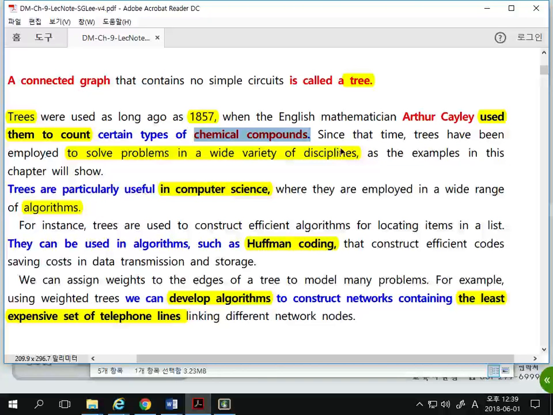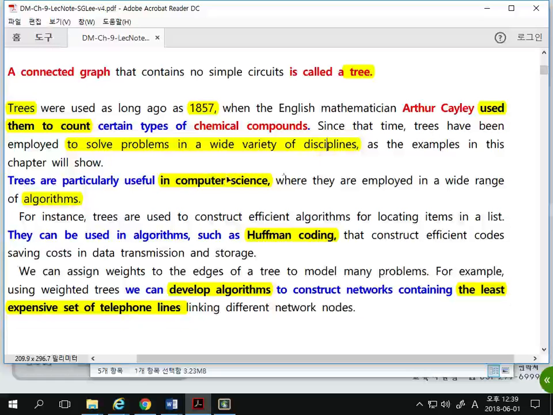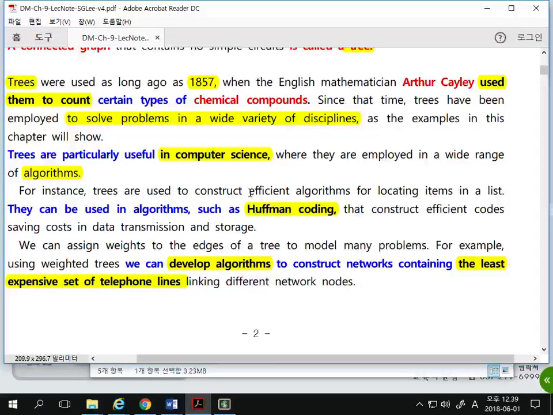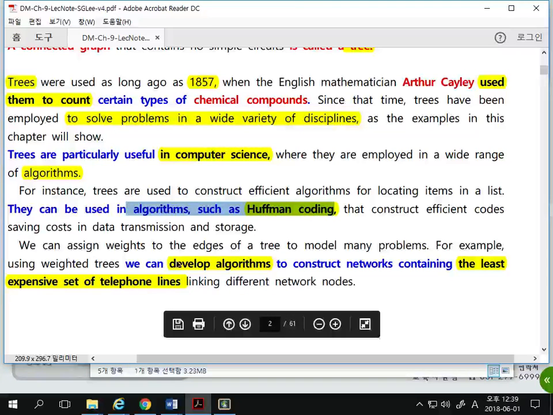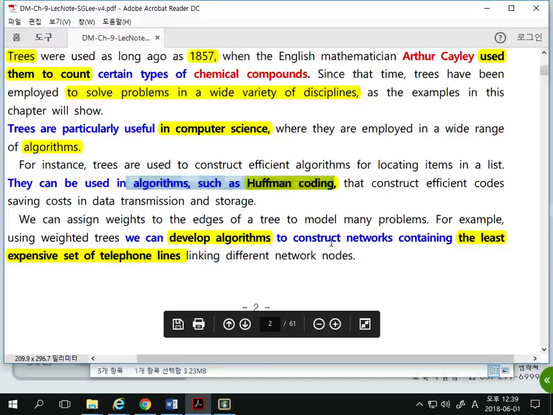Since then, it has been used to solve problems in a wide variety of disciplines, particularly in computer science. For example, these trees can be used in algorithms such as Huffman codings, and we can develop algorithms to construct a network containing the least expensive set of telephone lines linking different network nodes.